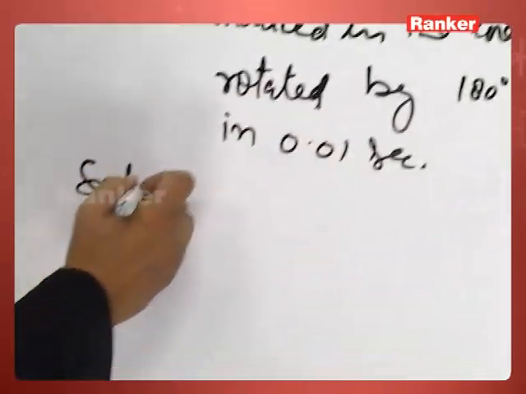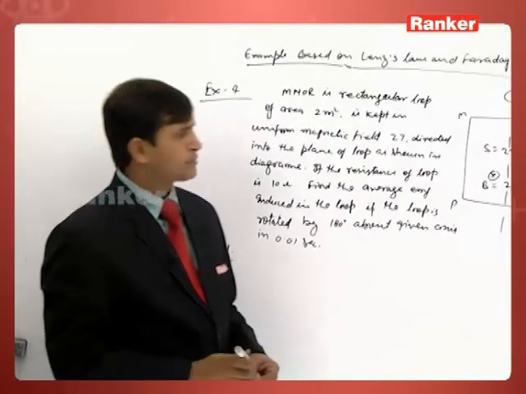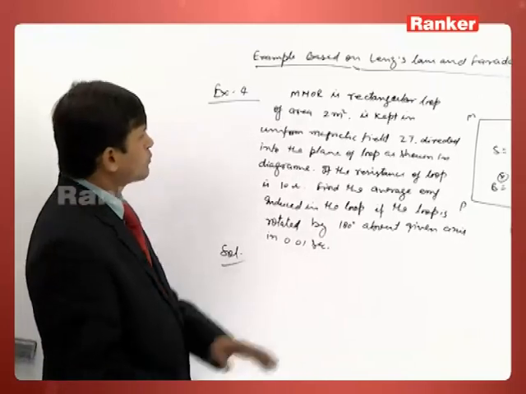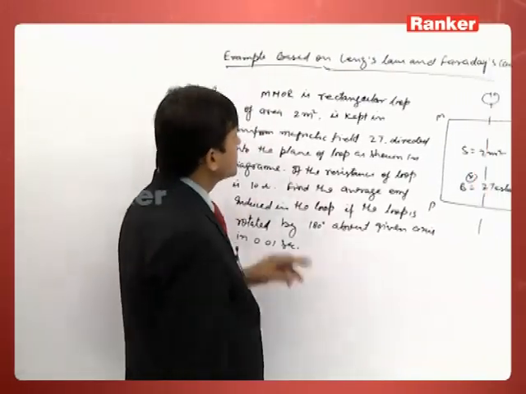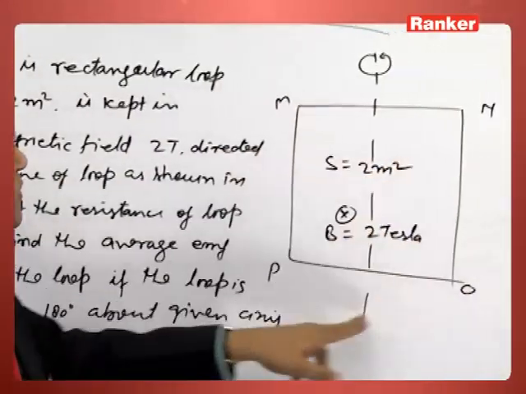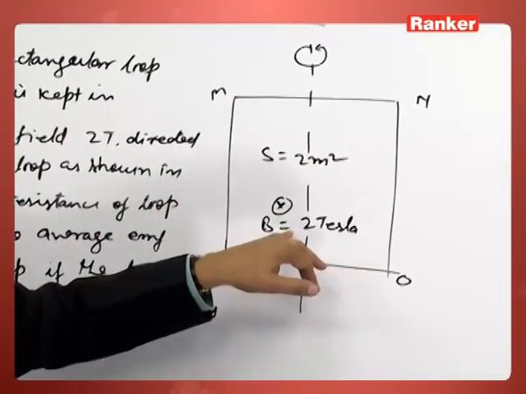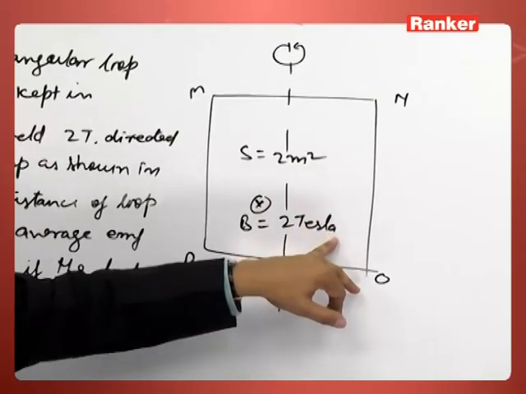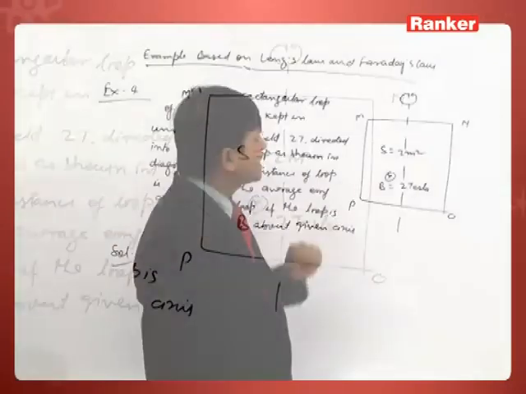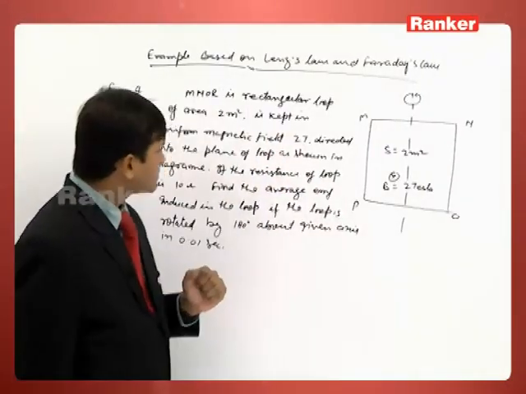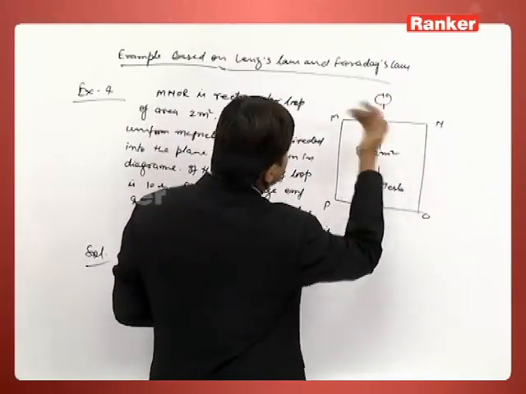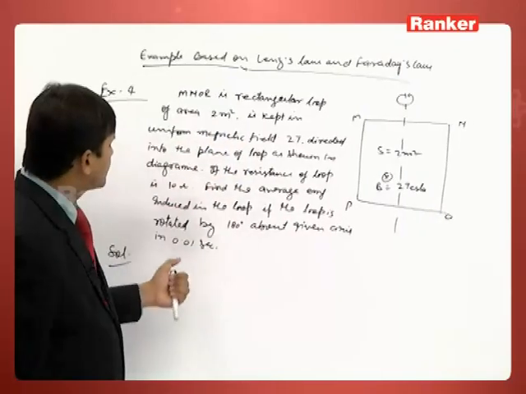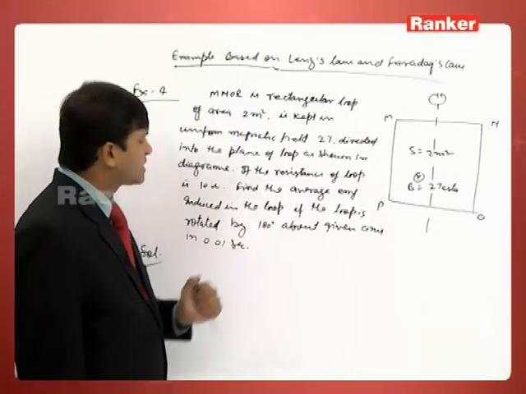Now see the solution. So the question is that MNOP is a loop which is kept in a uniform magnetic field of 2 Tesla. Area is 2 meters square. Now this loop is rotated about this axis by an angle of 180 degrees in 0.01 second.